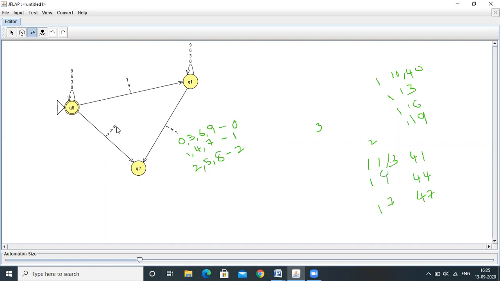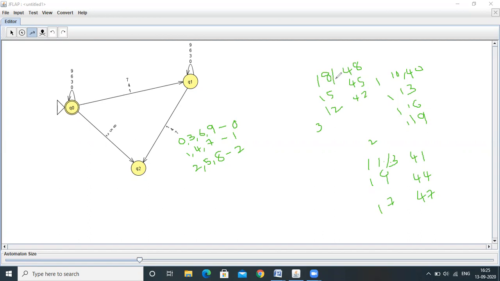What is remaining? 8, 5, 2. So already we have Q0 on 1 reaching Q1. Q1 on 8: let's see what will happen. 18, 15, 12, or 48, 45, 42, or 78, 75, 72.